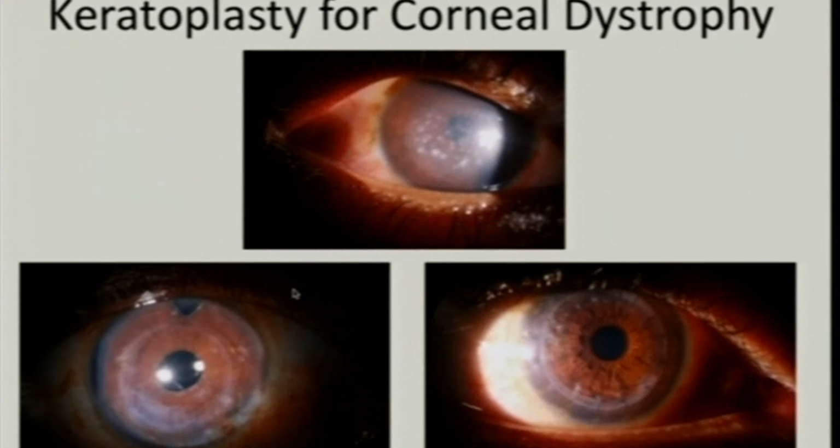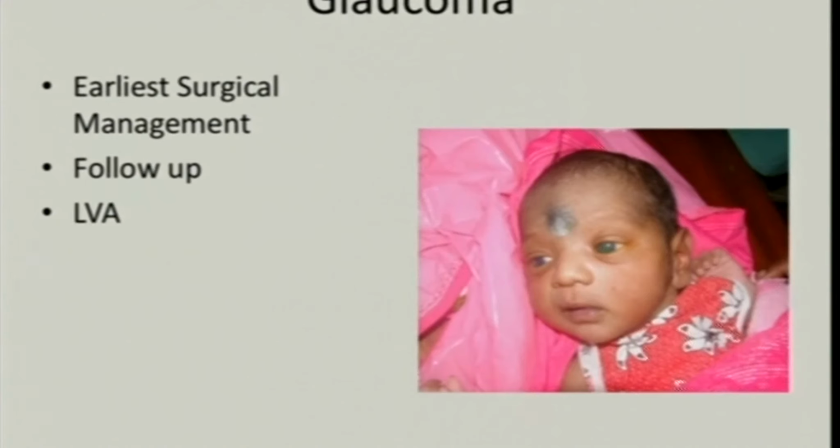This child got this eye operated, and he got a good result. And usually the dystrophies do better after keratoplasty. And then glaucoma, earlier surgical management, follow-up is a must for them, and ultimately after the glaucoma is controlled, the low vision devices work well for the children when they grow up.